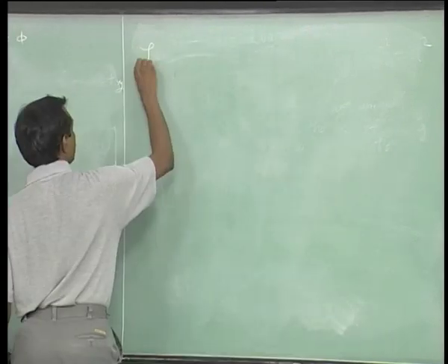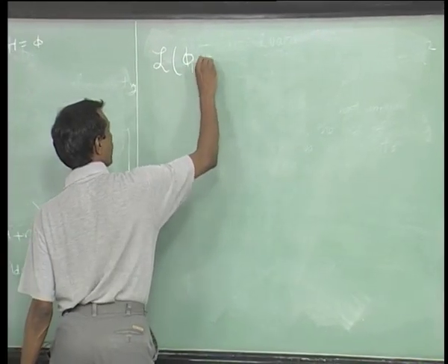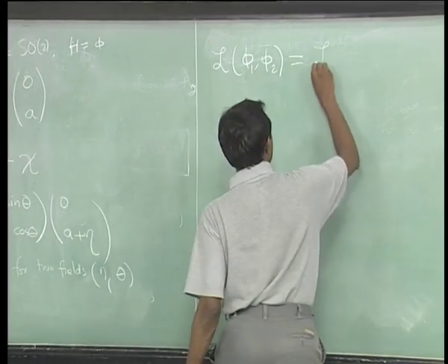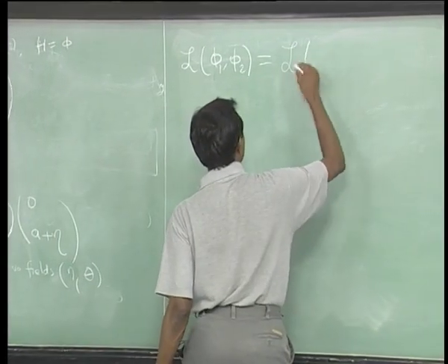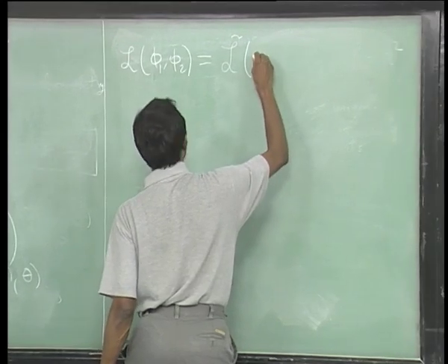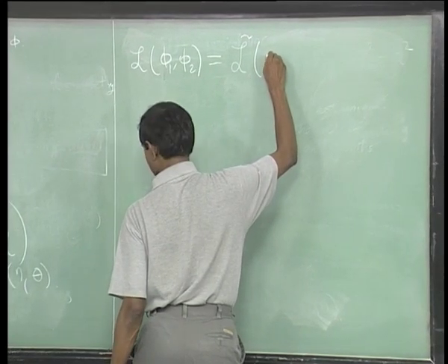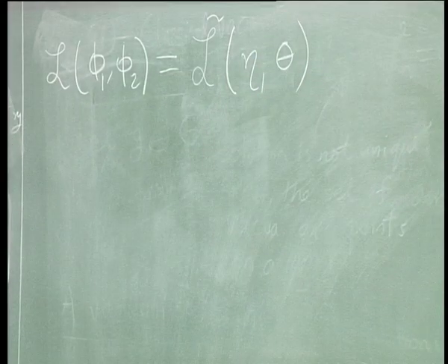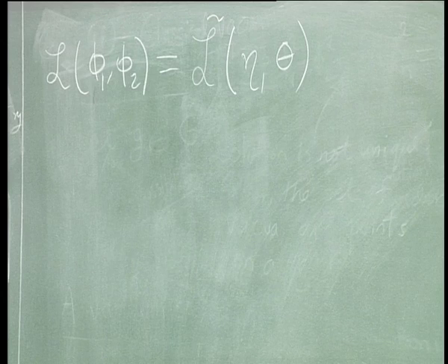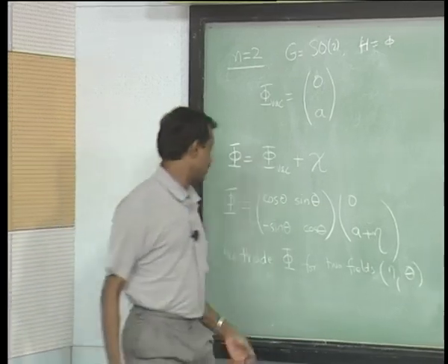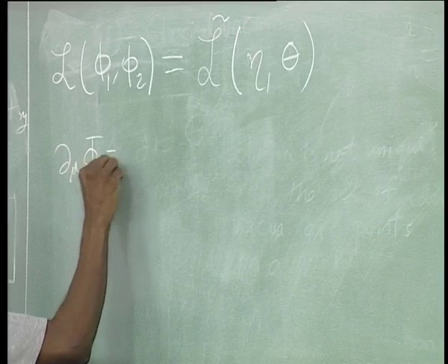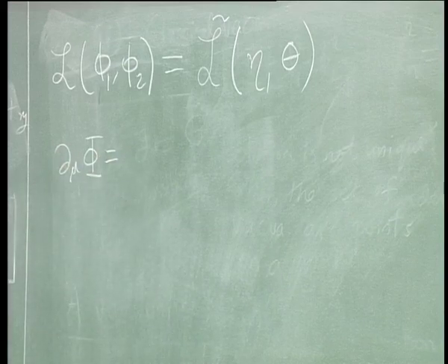So, we have L which is a function of phi 1 and phi 2 now, which you rewrite as L tilde of eta and theta. Okay. So, first step is to work out what d mu of phi would look like. d mu can act on these guys.